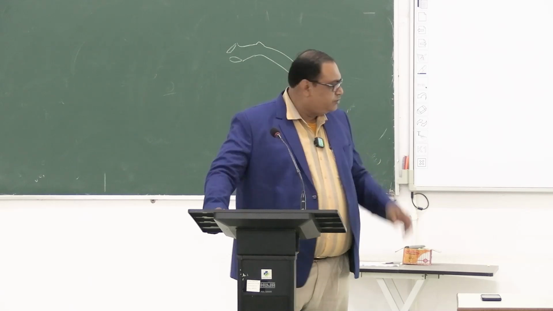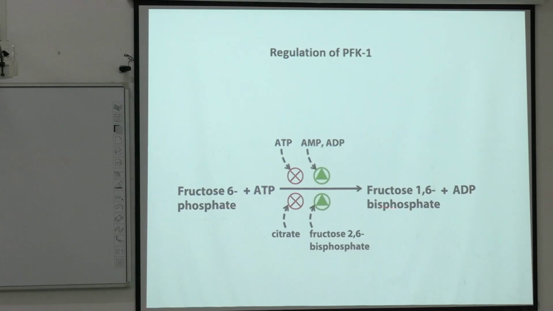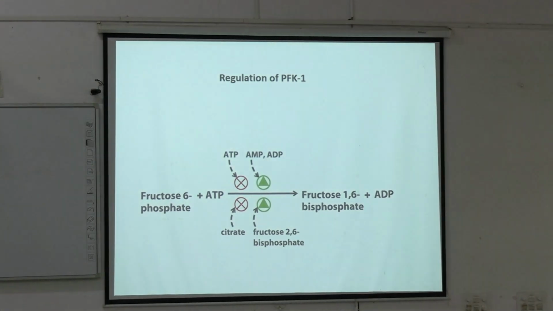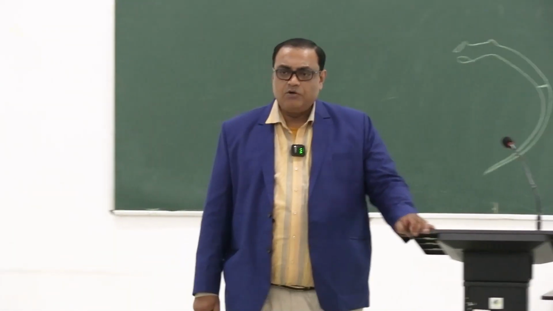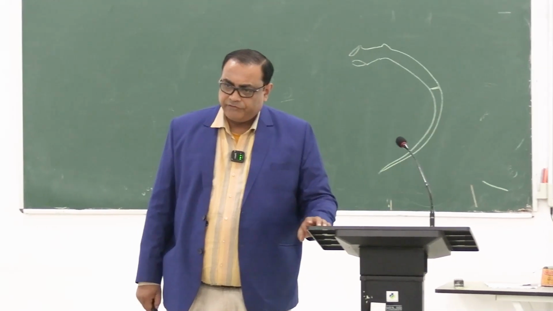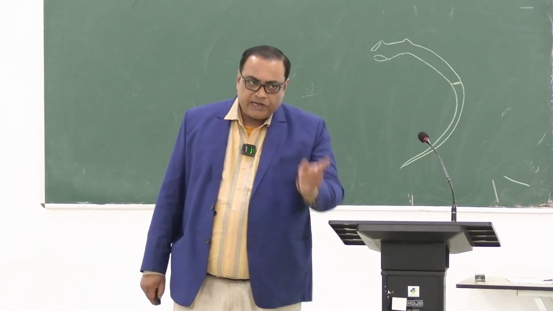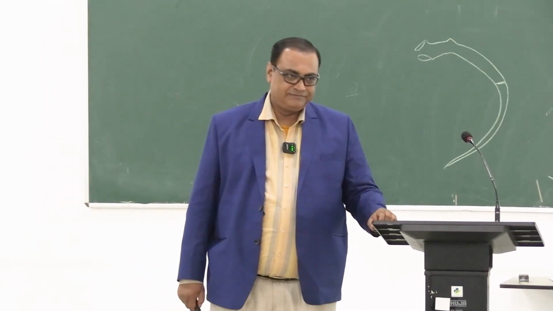Activated PFK2 will produce more and more of the positive modulator, fructose 2,6 bisphosphate. How? By hormonal regulation, effect of insulin and glucagon. How? By covalent modification, phosphorylation and dephosphorylation.